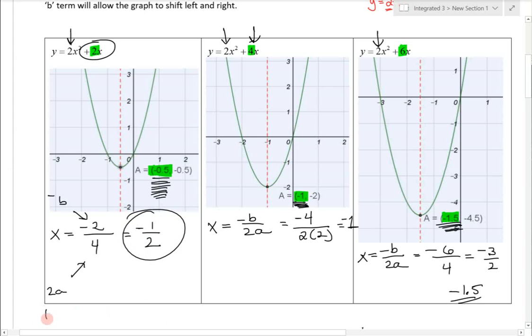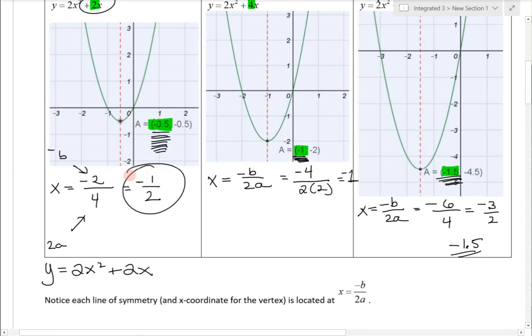Well, if I know that the graph was constructed by y equals 2x squared plus 2x, and now we know that the x value is negative 1/2, if I plug that negative 1/2 into the rule here and evaluate, okay, so negative 1/2 squared is 1/4. 1/4 times 2 is 1/2.